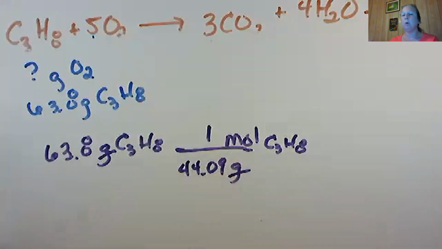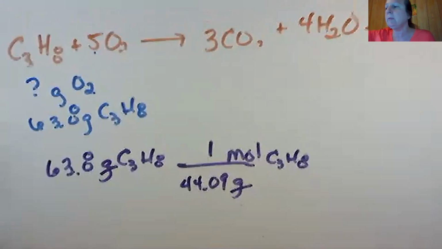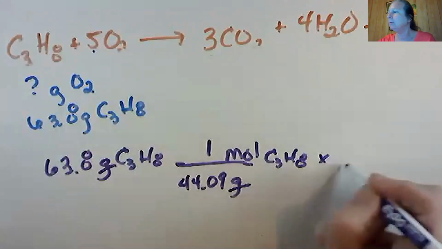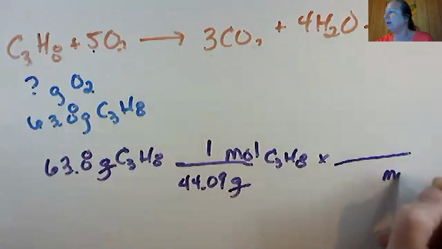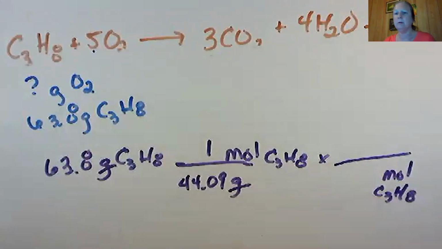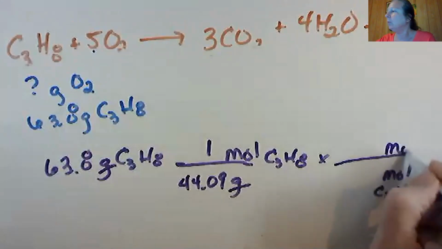But now that I'm in moles, I can start converting anything in this reaction equation. The question is about oxygen. So let's go from propane to oxygen. That's the next step. Now we're going to change identities. And the video camera is in the way again. And we want oxygen.